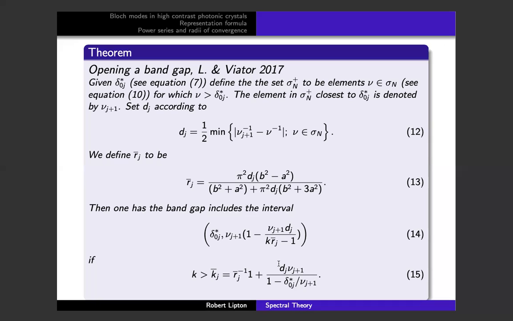Well, it's given by 14 explicitly, meaning it's the interval between nu j, well, it's not quite nu j, it's nu j minus a little bit, and that minus a little bit times nu j plus 1 is the epsilon. It's explicitly given there in terms of these spectral parameters, in addition to the geometric parameters 13. So this is the quantitative estimate for band gap opening.